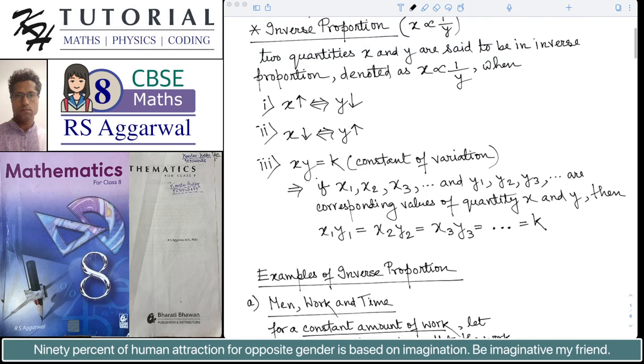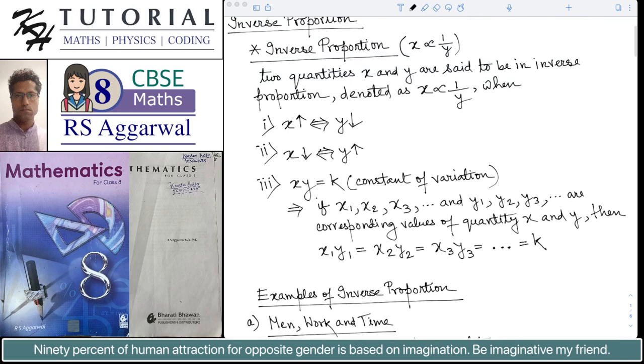The theoretical concept of inverse proportion is very little, as it was for direct proportion. The main thing is to understand a lot of examples of how two quantities vary inversely, and then solve a lot of problems. So the theoretical concept is not much. So let's start.